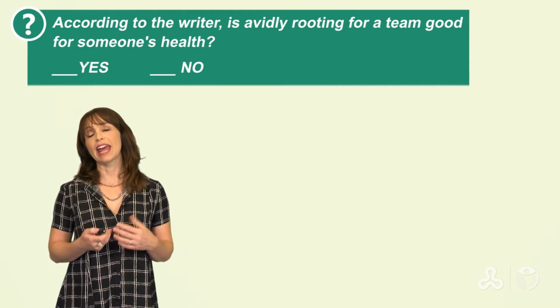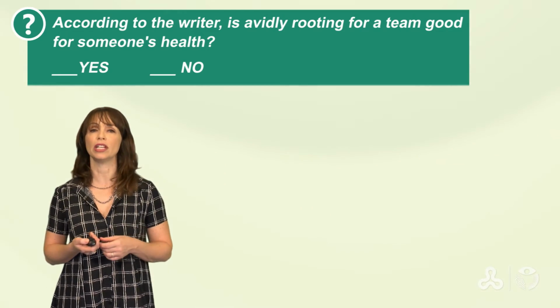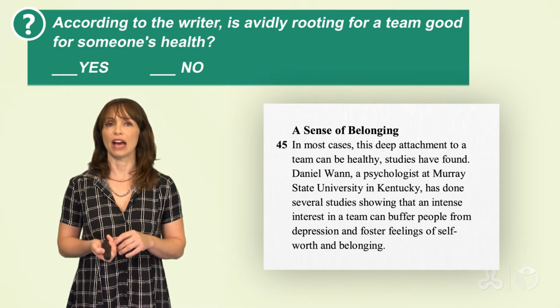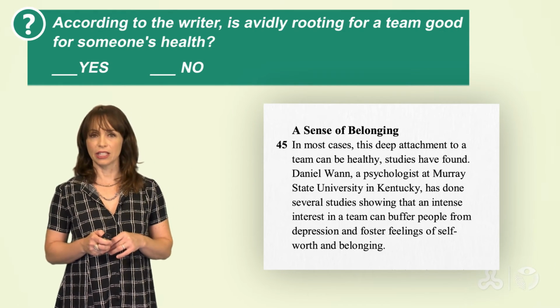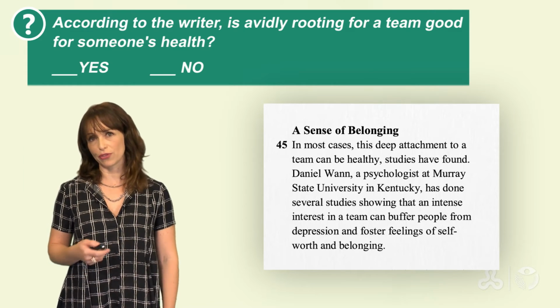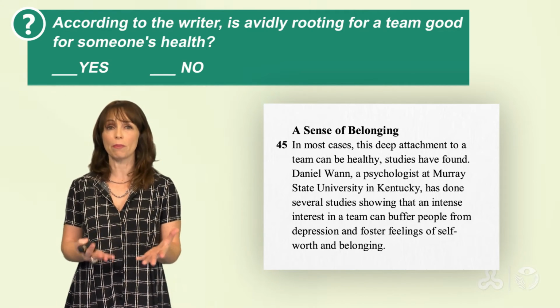So in order to try and answer the question already at the beginning of the text, we're going to go to the last section, and specifically we're going to focus on paragraph 45. Okay, paragraph 45. And let's read the question together. According to the writer, is avidly rooting for a team good or bad for someone's health? So remember, this is the question from paragraph 4.